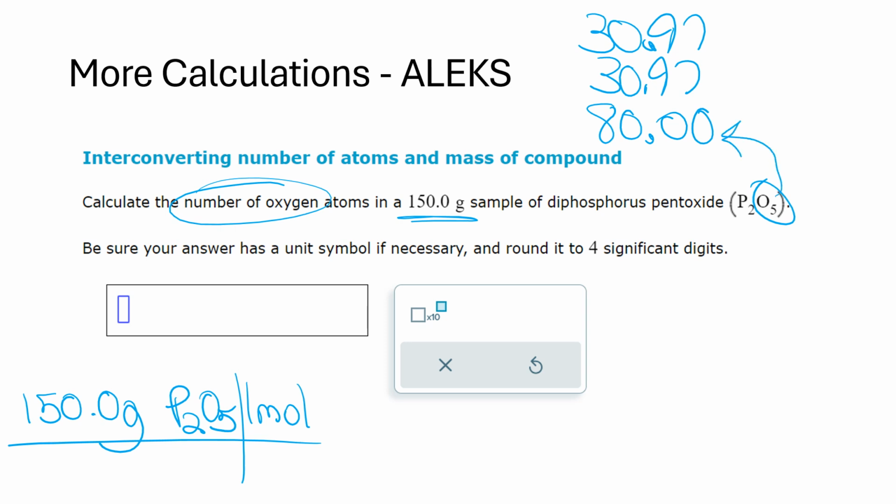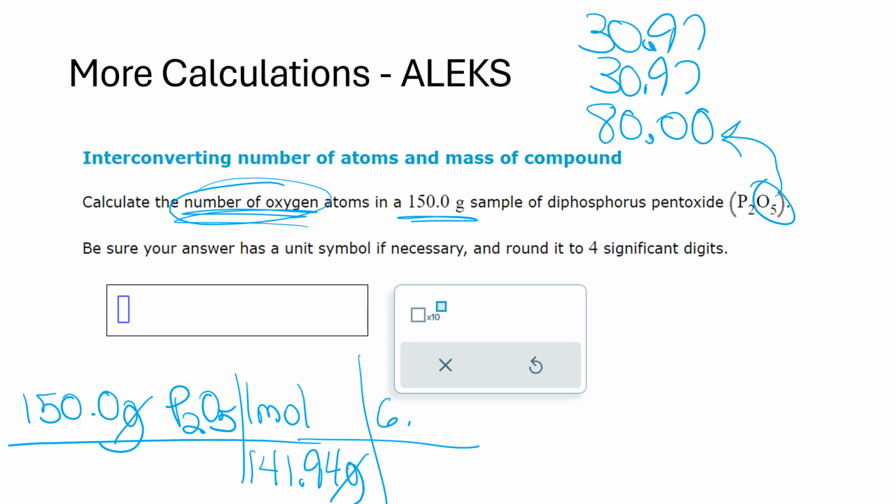So let's add those up. 30.97. You get 141.94 grams. So if I were to solve this, I have moles. Now we have to calculate number. So we have to get to number of molecules.